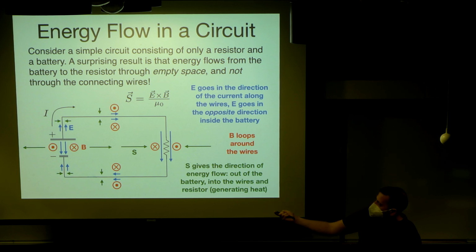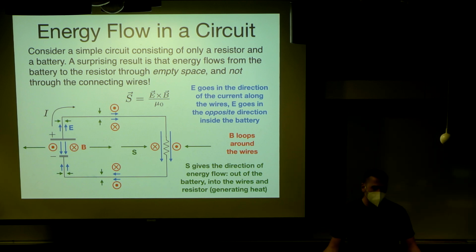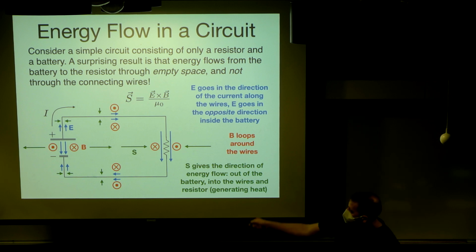But if you think about it, this vector S is definitely not just going along the wire, okay? The energy is flowing through the empty space where you have E and B fields between the battery and the resistor, okay? So again, it's not to say that the flowing charges don't make a difference or they don't matter. It's just that they create these fields, and ultimately it's these fields that carry the energy.